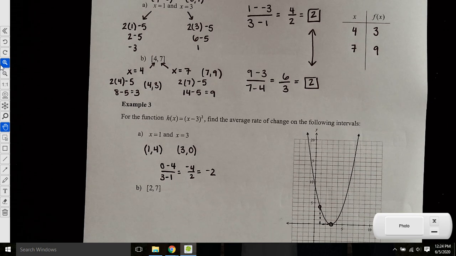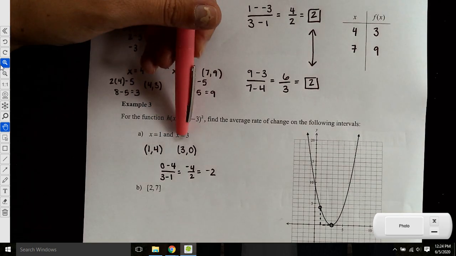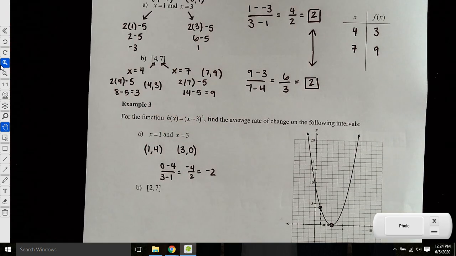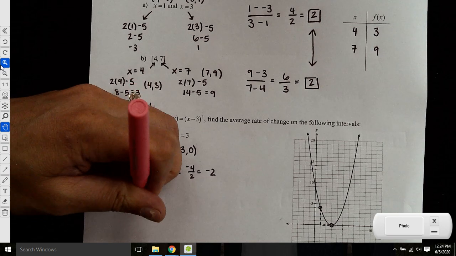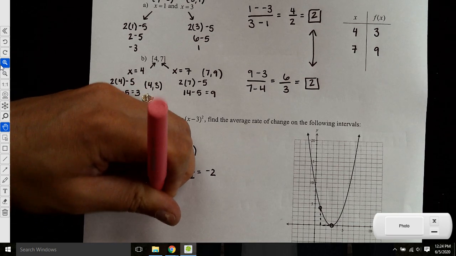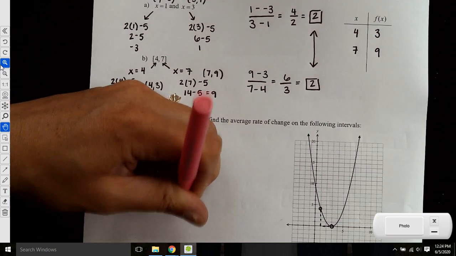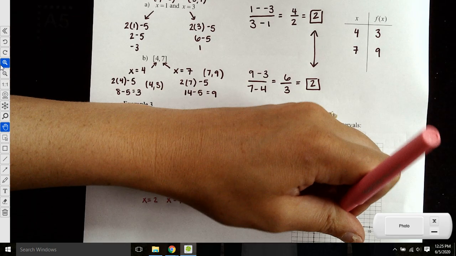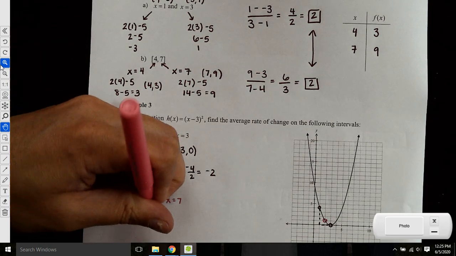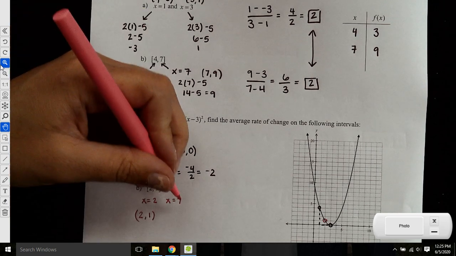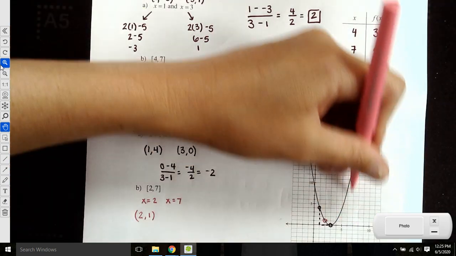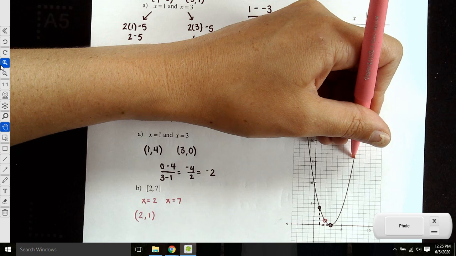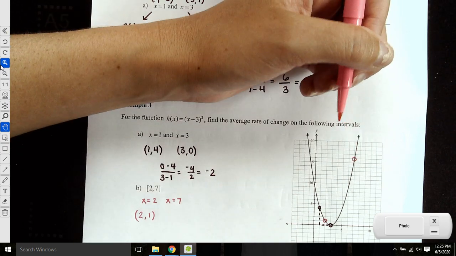So now for part B, again, this one was given in interval notation, but what it means is x equals 2 and x equals 7. So at 2, I have the point 2 comma 1. At 7, here's 7, and I look up and I see 7 comma 15 or 16.